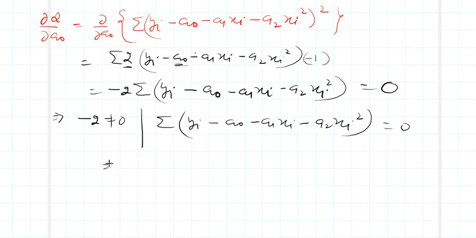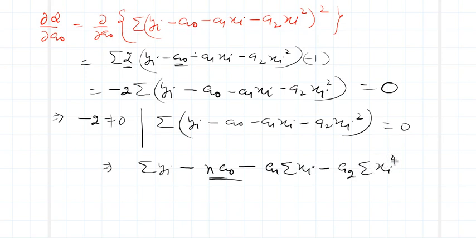What does it mean? Taking the summation separately, it is summation yi minus n a naught, which is clear from the earlier lectures, so I'm not going to talk about it in more detail, minus a1 summation xi minus a2 summation xi square, and it must be equal to 0.